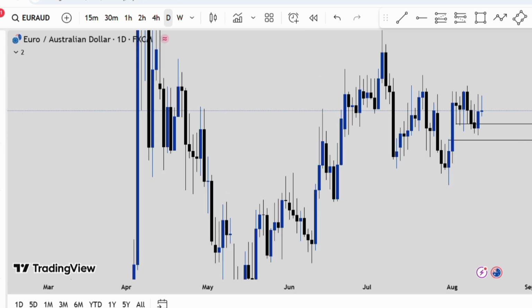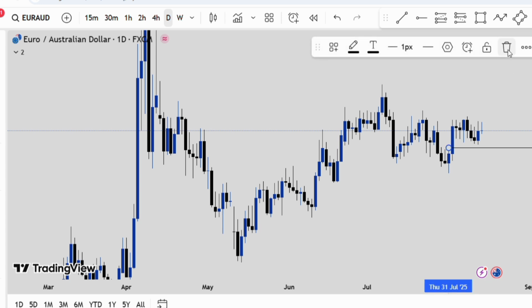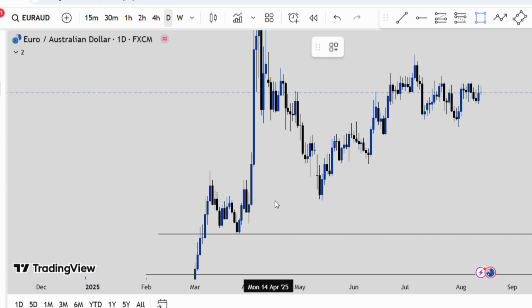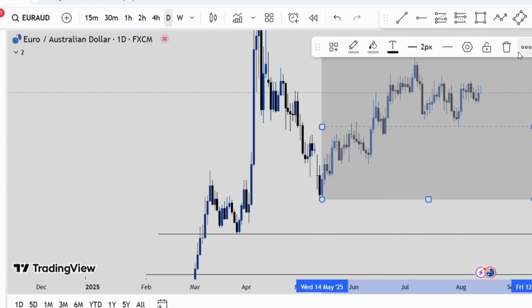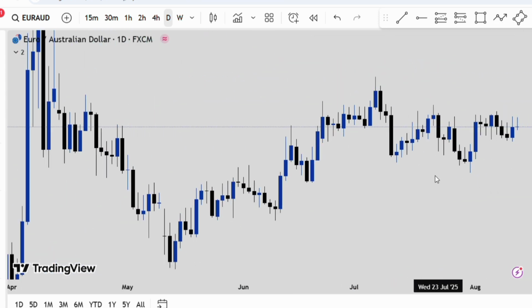So, again, let's check if we can read the current market structure of this particular market. Reading the current market structure, we'll start from here up to here. This is what we're starting from, and this is our daily time frame. Okay, let's see what we have here.